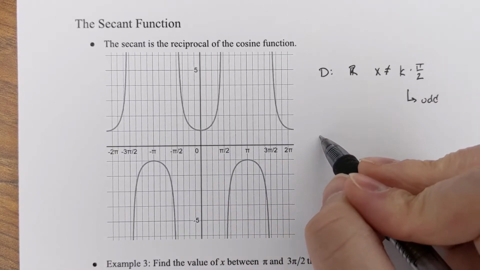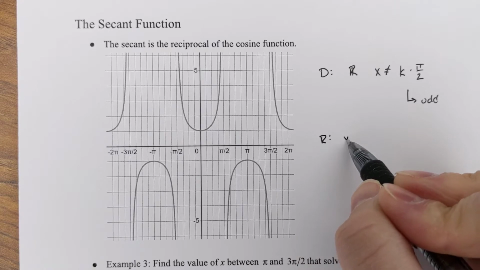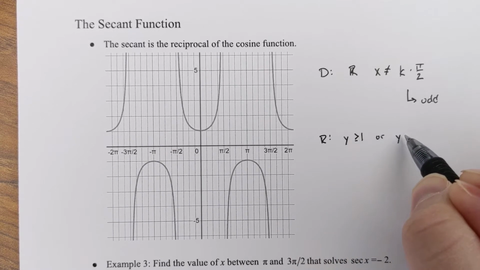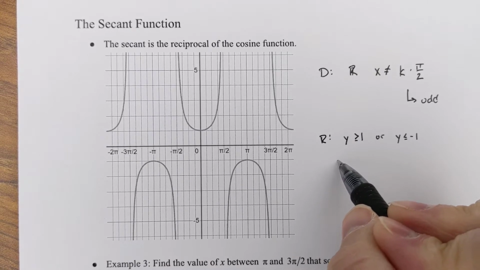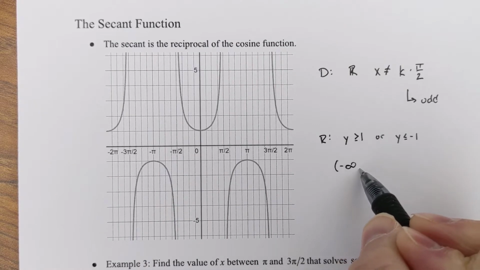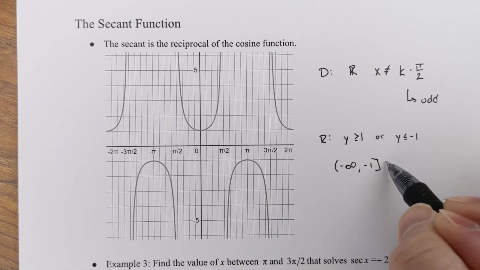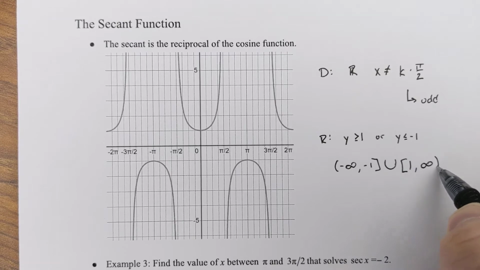The range is y greater than or equal to 1 or y less than or equal to negative 1. In interval notation, that would be negative infinity up to negative 1, the bottom parts of the curves, joined with 1 up to infinity.